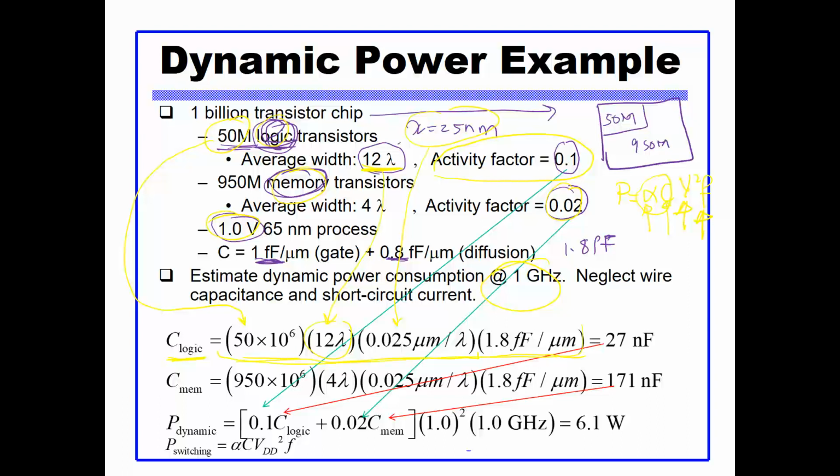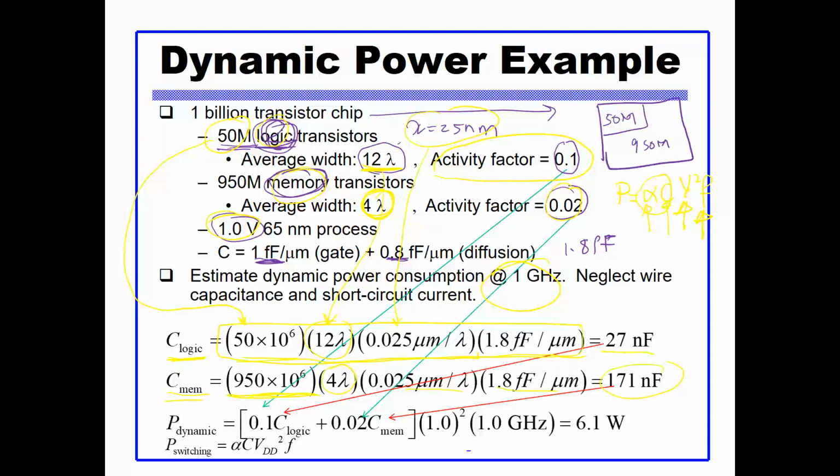I multiply all of that, I end up with 27 nanofarad. I repeat the same computation for the memory, but now the number of devices is 950 million. For lambda, why is it different? Well, because the memory transistors have an average size of 4 lambda, and 0.025 is the same, and this one is the same, and I get 171 nanofarad.